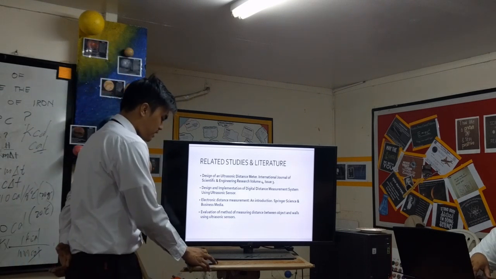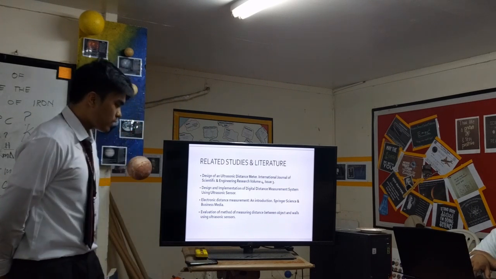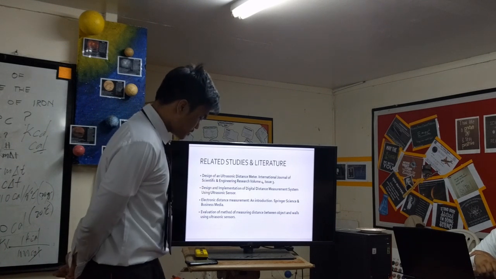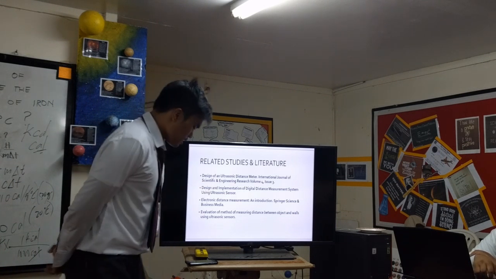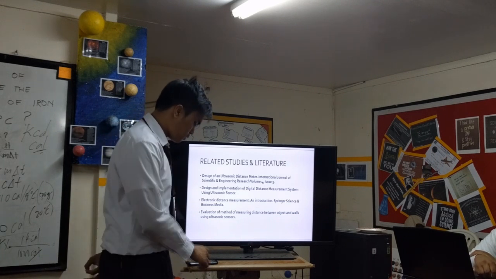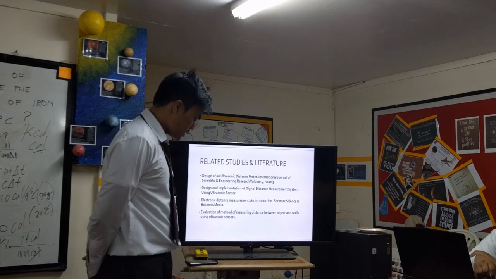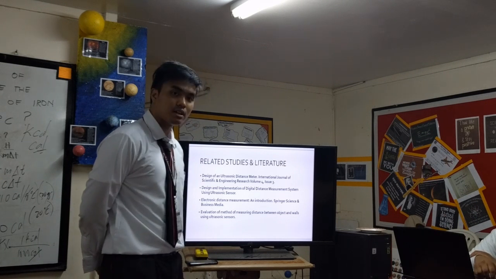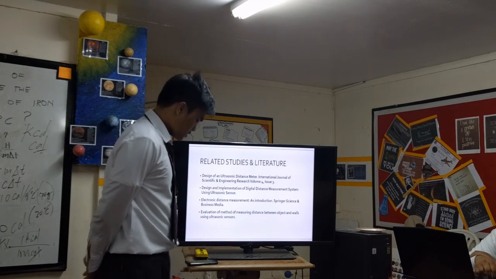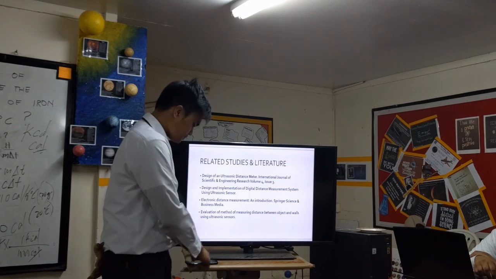According to Sharma and Abro in 2014, when measuring distance, there are two methods, contact and non-contact. The researchers will be using a non-contact method because the ultrasonic sensor to be used does not have to be in physical contact with the object to be measured. In order to do so, the sensor uses the propagation of ultrasonic sound waves.